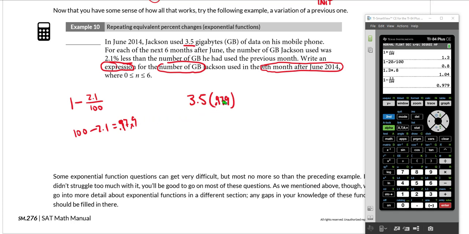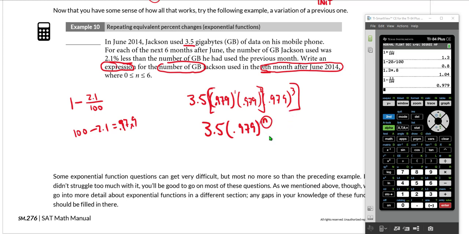So that's our multiplier. For instance, 1 month after June of 2014, we would be at 0.979 times 3.5. 2 months after, we would have to multiply by another 0.979. 3 months after, another 0.979. So 1 month, and then 2 months, and then 3 months. So it appears that our expression could be 3.5 times 0.979 to the n for the nth month, right? 1 month, 1 multiplier. 2 months, 2 multipliers. 3 months, 3 multipliers. n months, n multipliers.